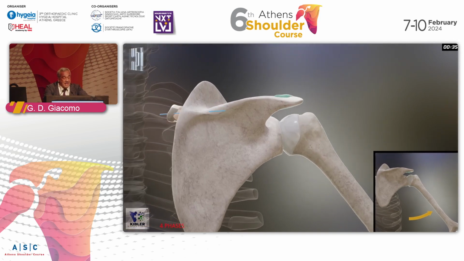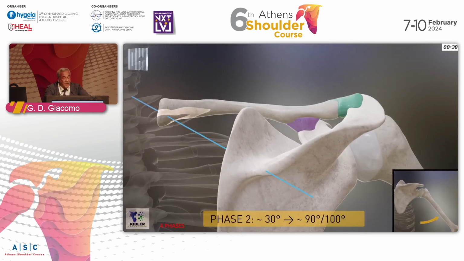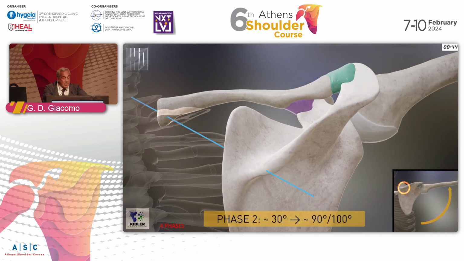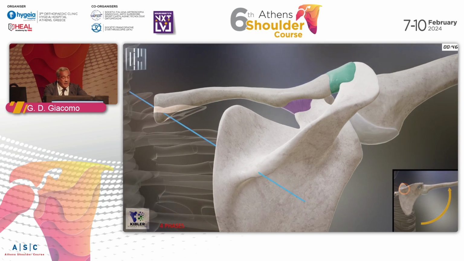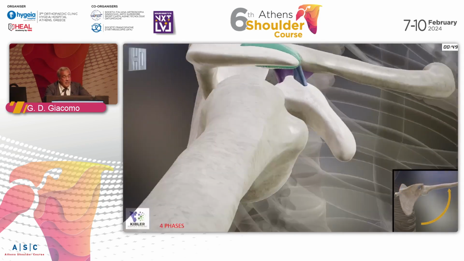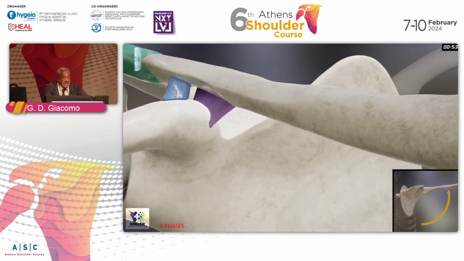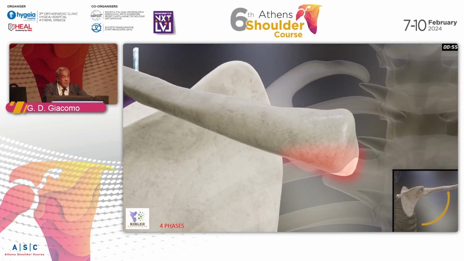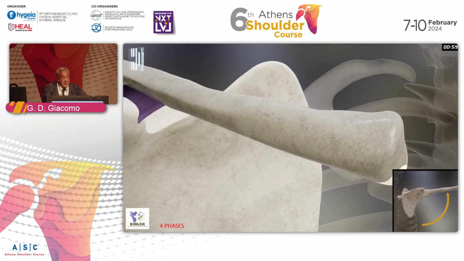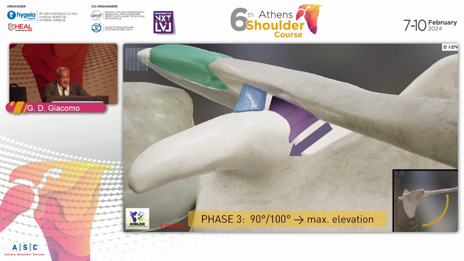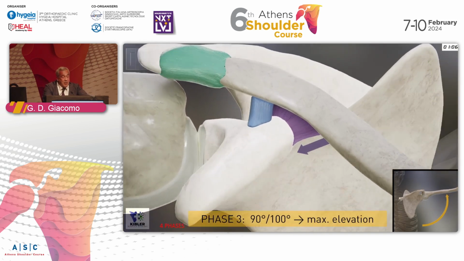But it is very important to introduce the concept of center of rotation of the scapula, that is a line running from the base of the spine of the scapula through the sternoclavicular joint. At this point, the scapula is rotating around a center of rotation that is moving from medial to lateral, and there is an elevation of the sternoclavicular joint.